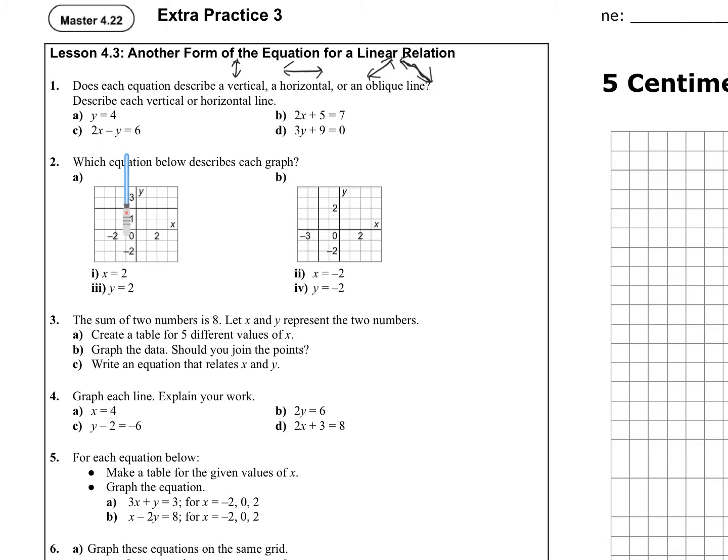And whenever you have a single variable of just y, there's only one kind of line that makes. We know that that is going to make a horizontal line. So what I can do to answer this here, I'm going to start with A.